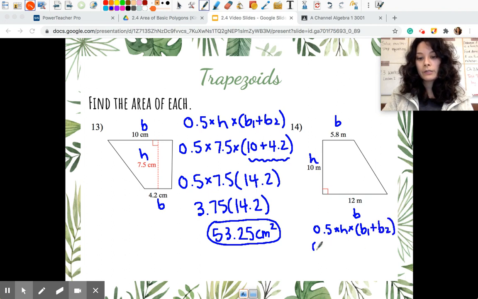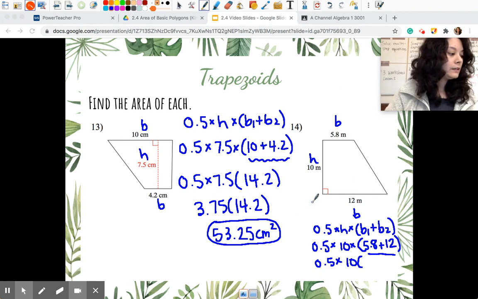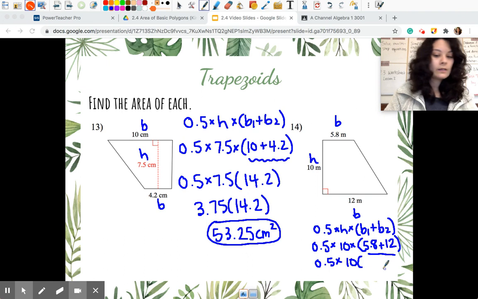And I'm going to substitute. I have a height of 10. My two bases are 5.8 and 12. I'm going to do what's in parentheses first. That's going to give me 5.8 plus 12 is going to give me 17.8.